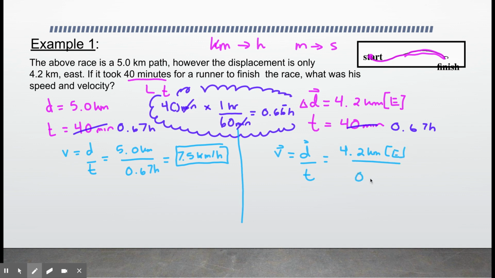Divided by 0.67 hours. And I should get 6.3 kilometers per hour. And this direction is the same as the displacement. So this is east. And that is the difference for this example of speed versus velocity.